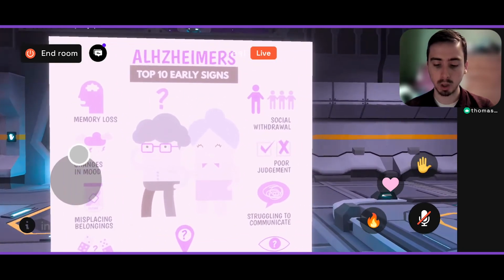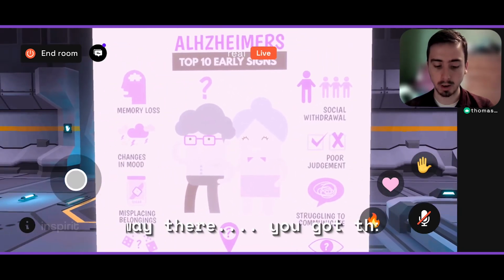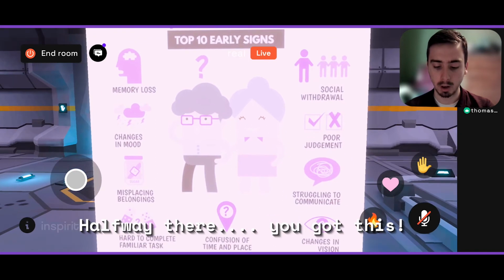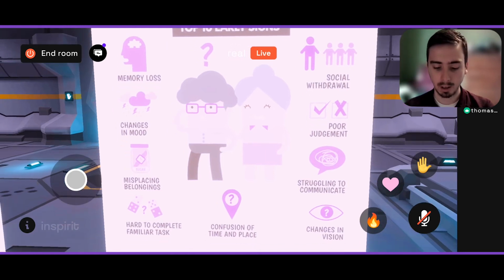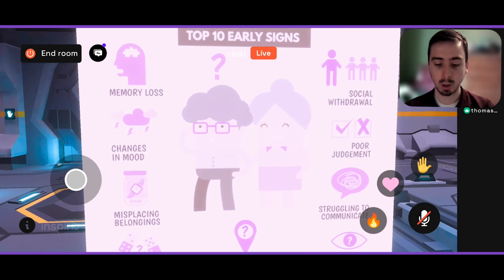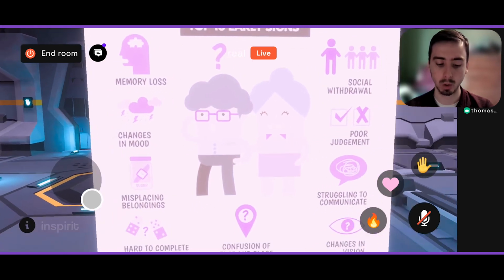Some of these symptoms and losses of function include memory loss, changes in mood, struggling to communicate with others, and just general confusion and forgetfulness. And unfortunately, there is no cure for Alzheimer's at the moment, but there are certain mental stimulation exercises and medications that may alleviate symptoms for at least some time, so the person may feel a bit more normal.